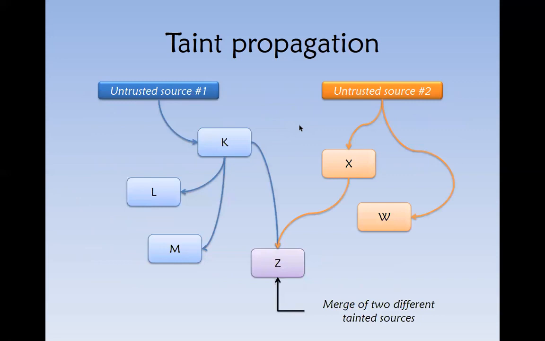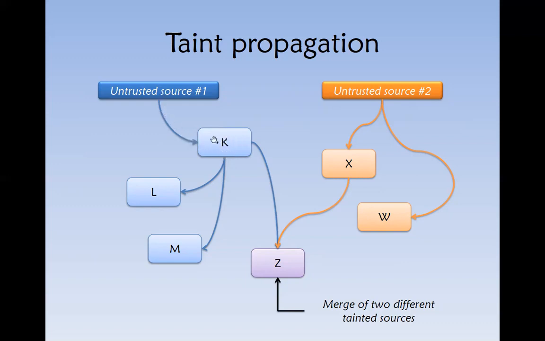Here is another way, a pictorial way, of representing taint and how it propagates through the program. You can imagine this graph is some kind of control flow graph in your program, or data flow paths. Maybe k is a variable that is being computed in some location of the program, and the value of k is being influenced by an untrusted source.